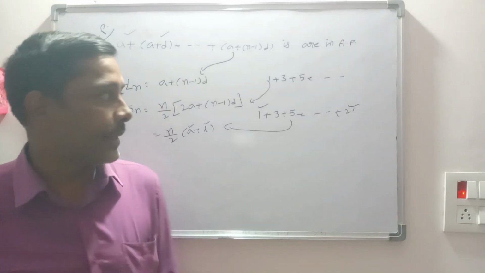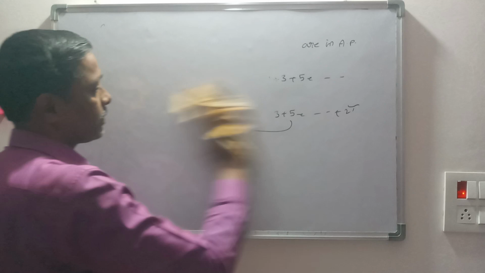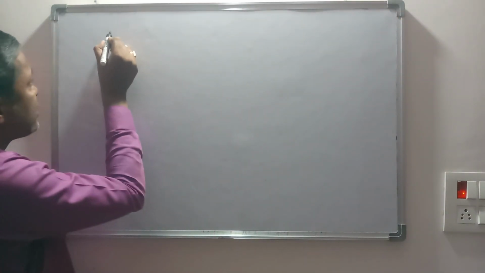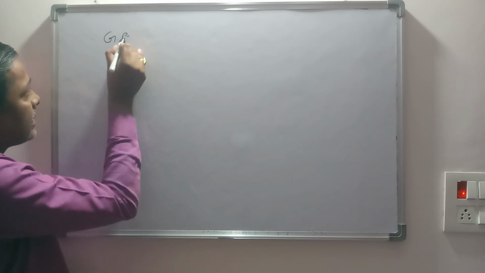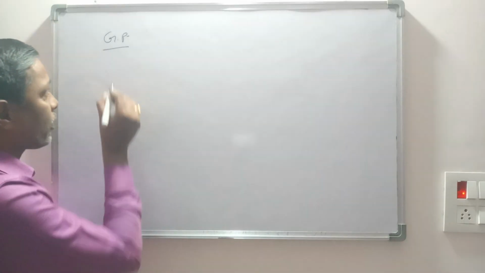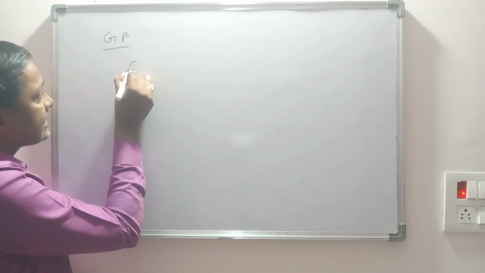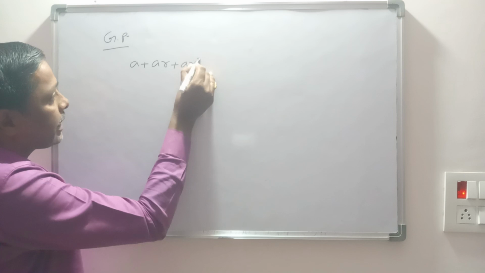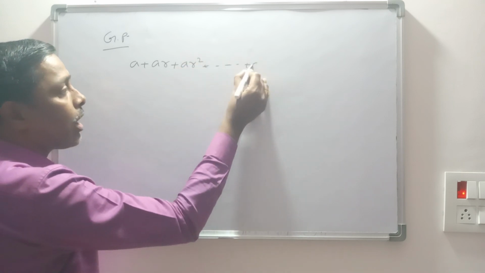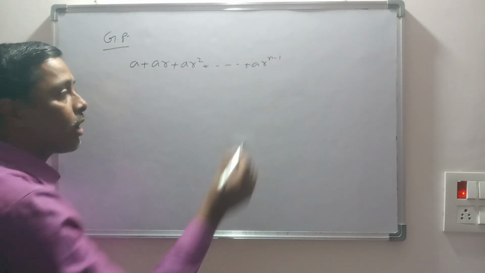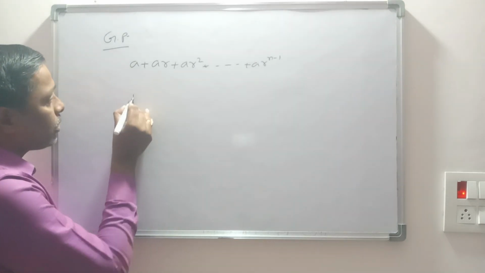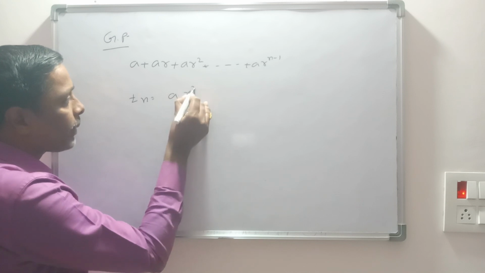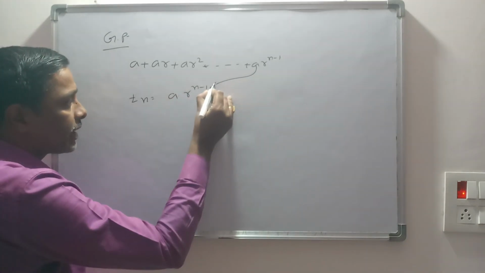Second one, GP. GP means geometrical progression. What is the series? a plus ar plus ar square plus so on ar power n minus 1 is called a GP. Here also, Tn, what is the nth term? a into r power n minus 1 is called the nth term.